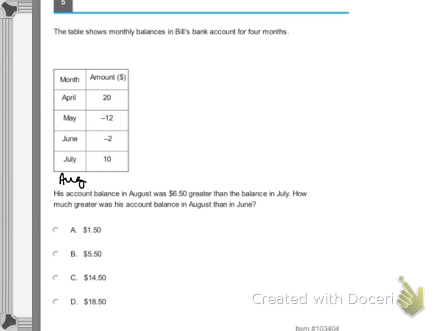Okay, so let's add $6.50. That makes it $16.50. How much greater is his balance in August than June? Well, here's June. All right, so what we want to do is $16.50 minus -2. Well, that becomes a positive. So that's really $16.50 plus 2, which is $18.50. So the answer here is D.